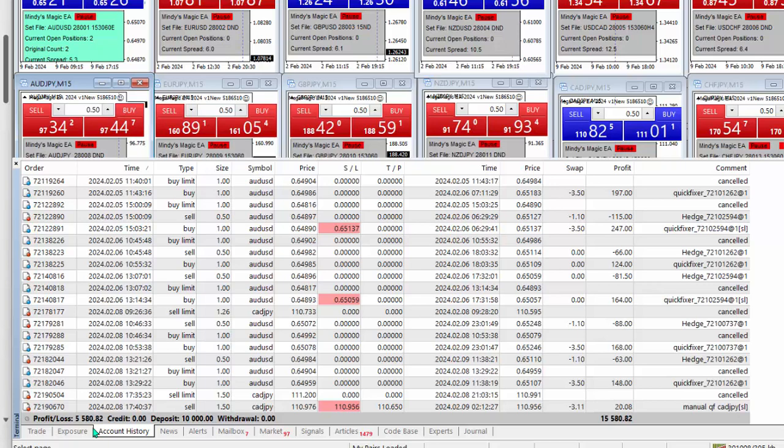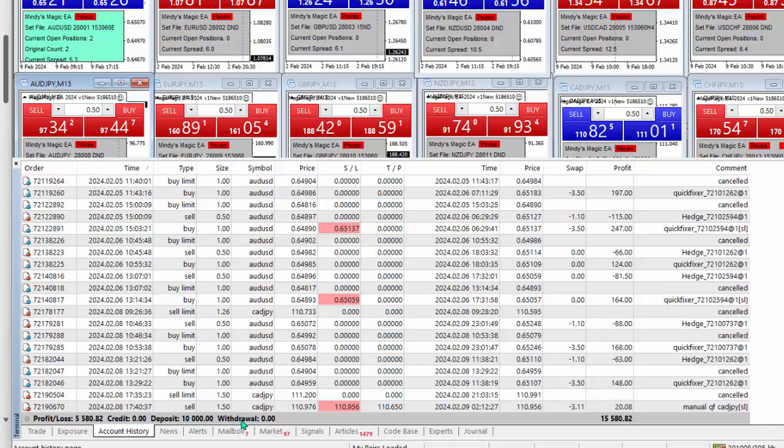December 13th to January 13th to February 10th. So on the 13th of February, which still has a couple of days to go here, it's made $5,580 of booked profit.